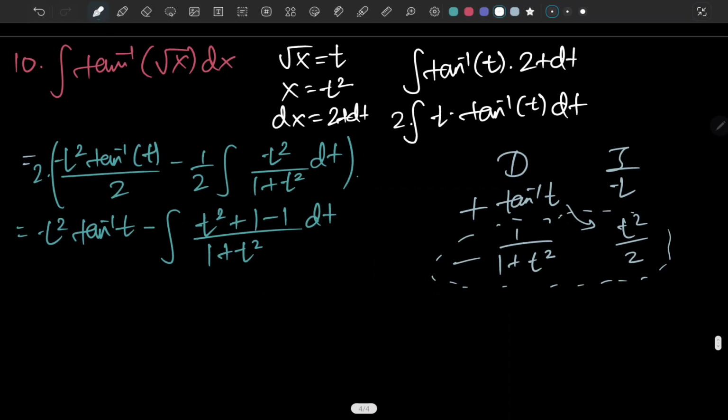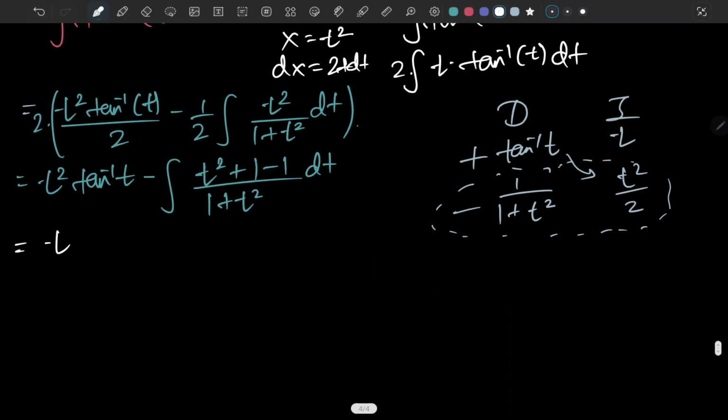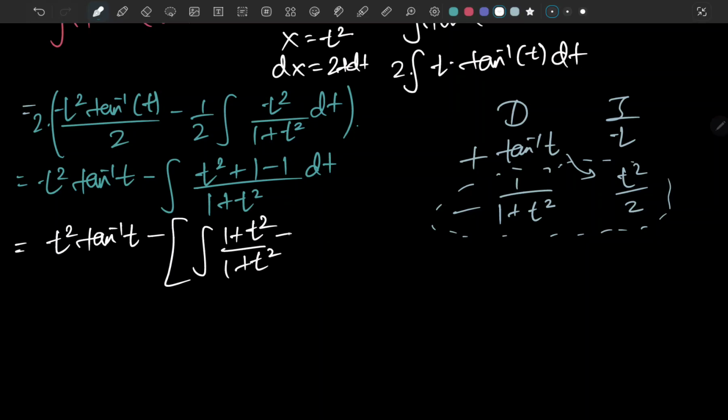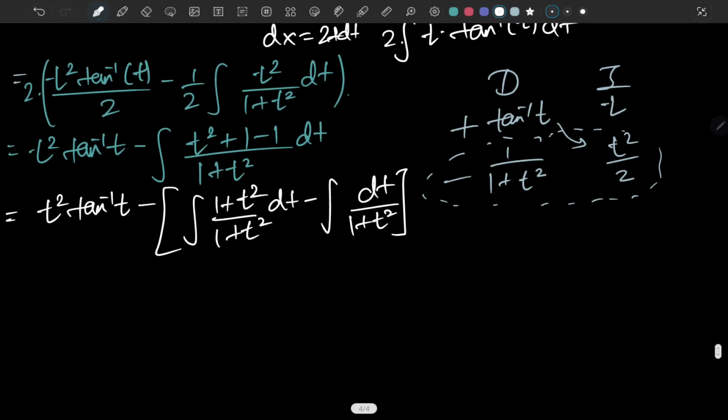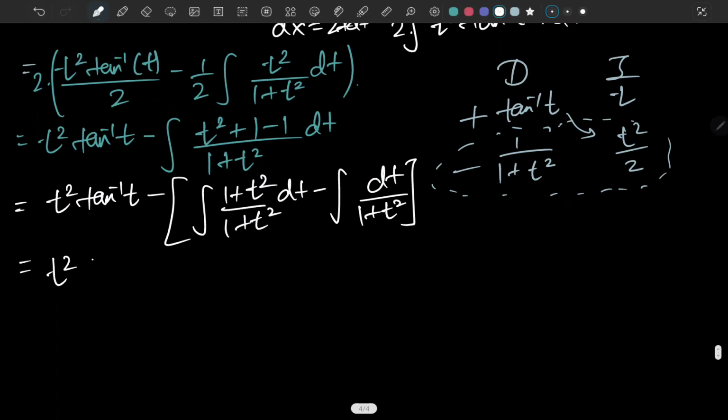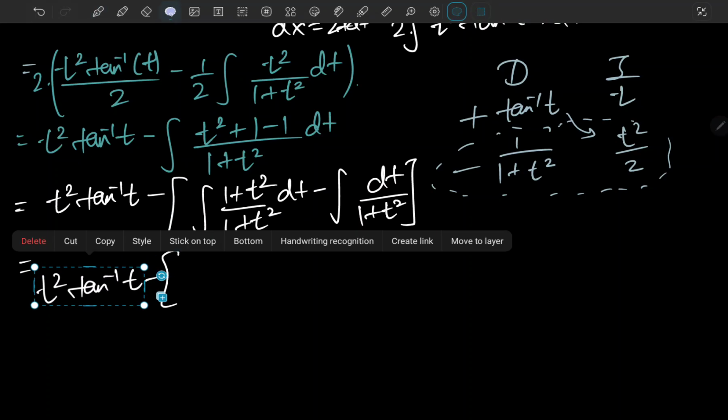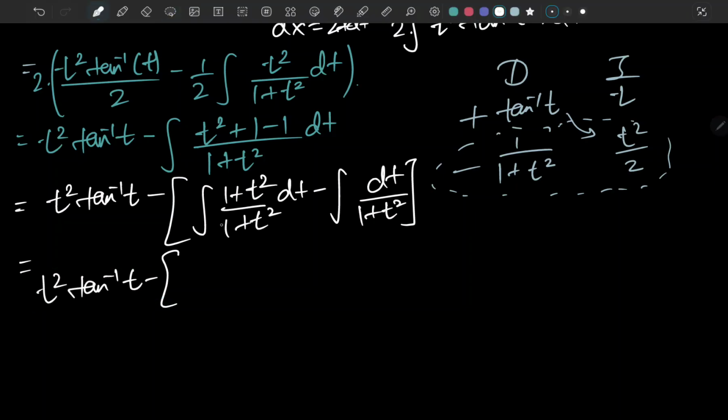So this is sorted out to t squared times arc tangent of t minus, I'm talking about this integral, 1 plus t squared over 1 plus t squared minus dt over 1 plus t squared. So far so good, this becomes t, right?